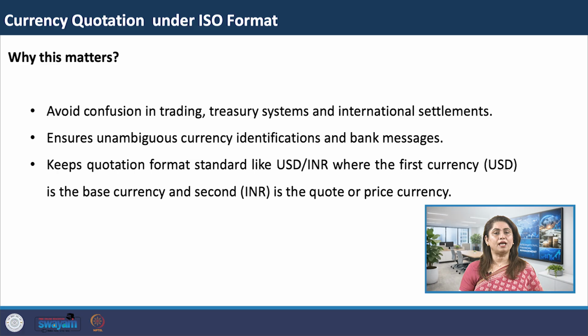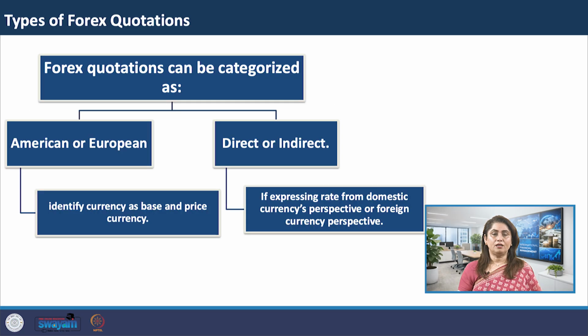In a quotation like USD by INR, the first currency is the base currency and the second is the quote or price currency. Now, forex quotations can be divided into two broad systems. The first is American and European quotation. This tells us which currency is placed as the base and which is the price, specifically in relation to the US dollar.